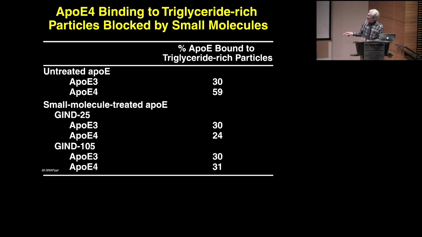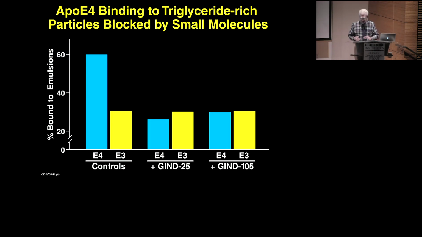But when we treat ApoE4 with a structure corrector molecule, it now behaves, the E4 behaves like the ApoE3. Well, that's the facts, that's the data. But someone suggested that it would be more visual if I presented the data this way.